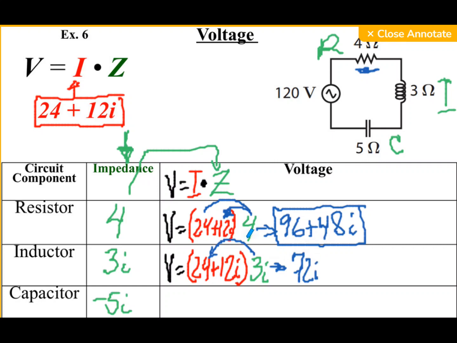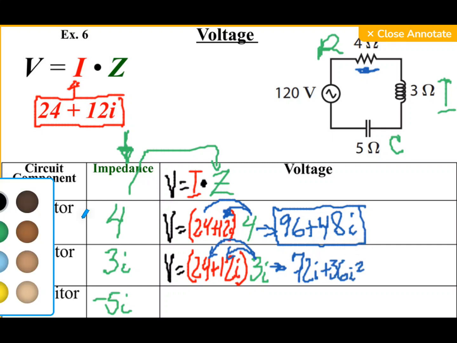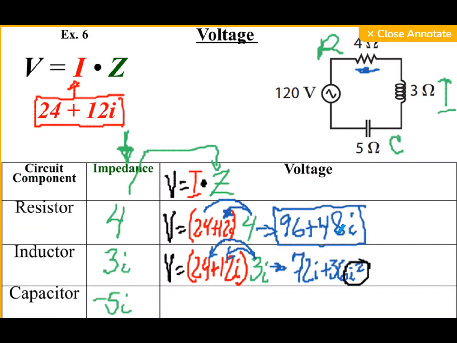Next, 3I times 12I. 36I squared. Am I done? The I squared turns into negative 1, so if you multiply that times 36, that gives us negative 36, and then at the end we write what? Plus 72I. That is correct. Let's go.